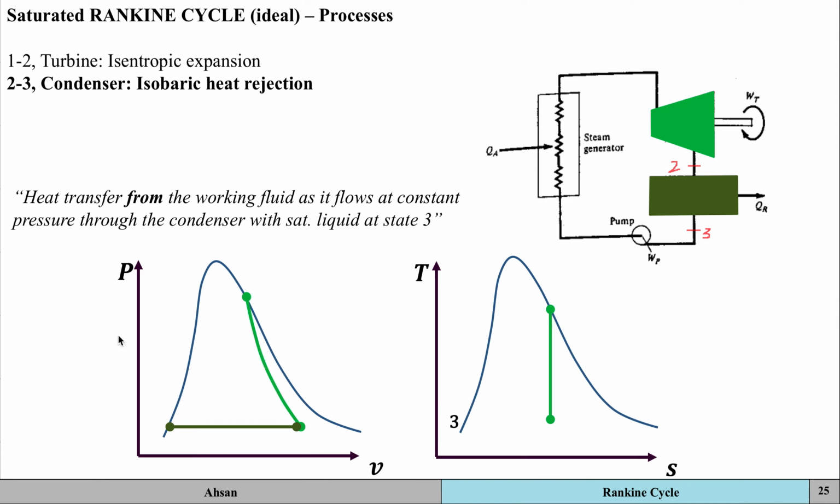Okay, so because the pressure is constant, it's an isobaric process, so it's going to be a straight, horizontal line on the PV diagram. And on the TS diagram, again, it's going to be a horizontal line, because what we saw from the TS diagram was that the pressure lines are horizontal on the TS diagram within this 2-phase liquid vapor mixture region. Okay. So that is happening across the condenser.